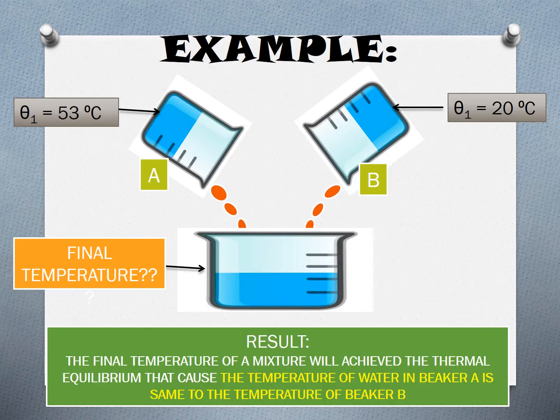So the final temperature of a mixture will achieve thermal equilibrium, which causes the temperature of water in beaker A to be the same as the temperature in beaker B.